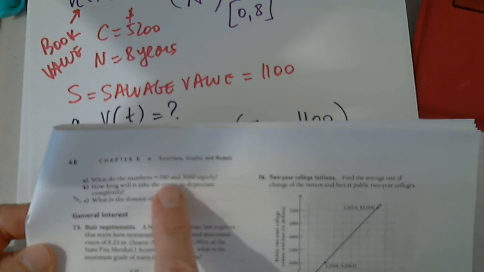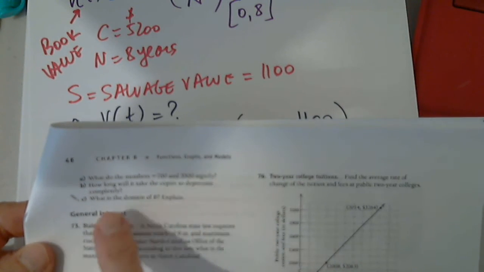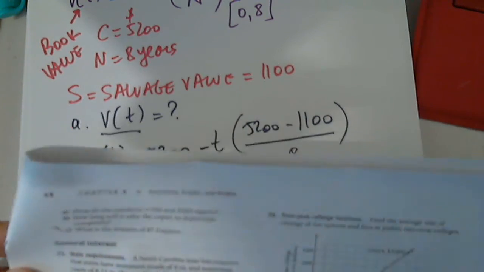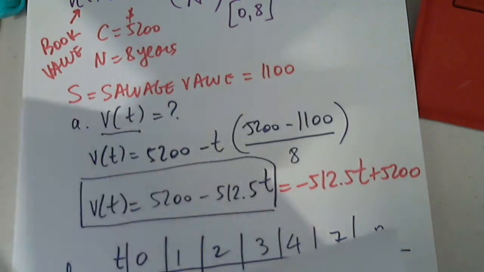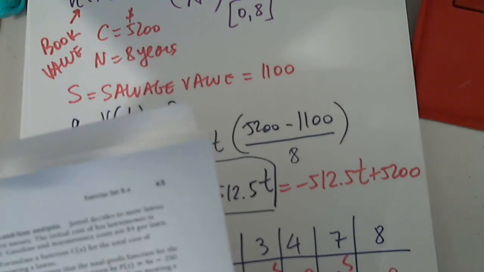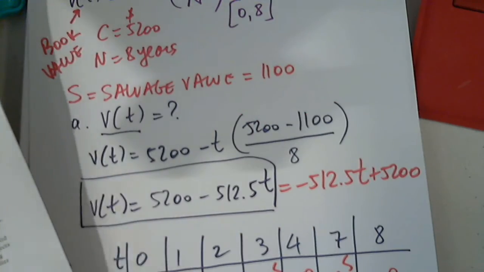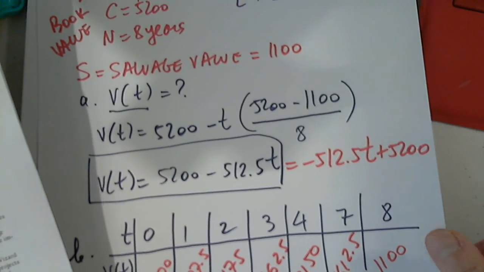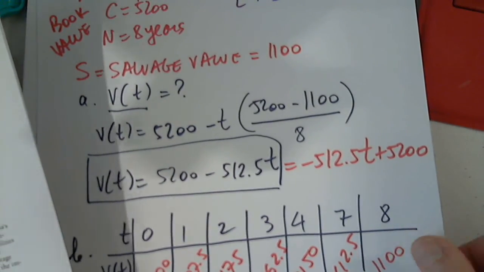What do the numbers negative 700 and 3500 signify? How long will it take the copier to depreciate completely? And what is the domain? So is it a yes for this one or no? You choose. Yeah, sure. Okay, very good.